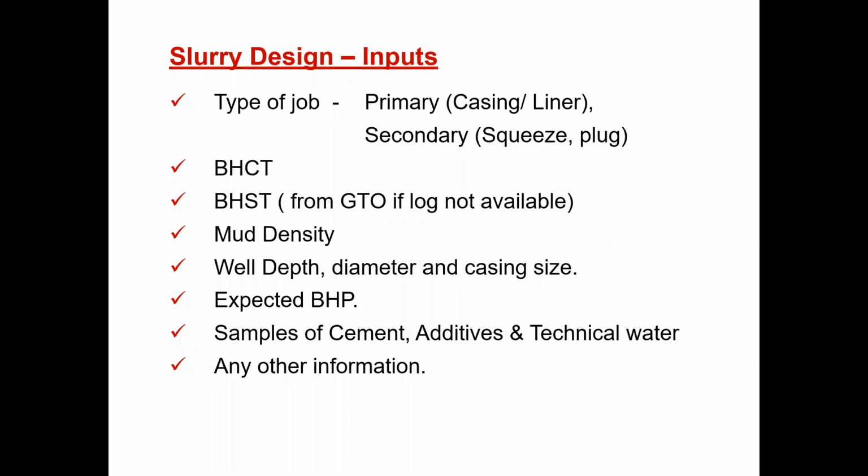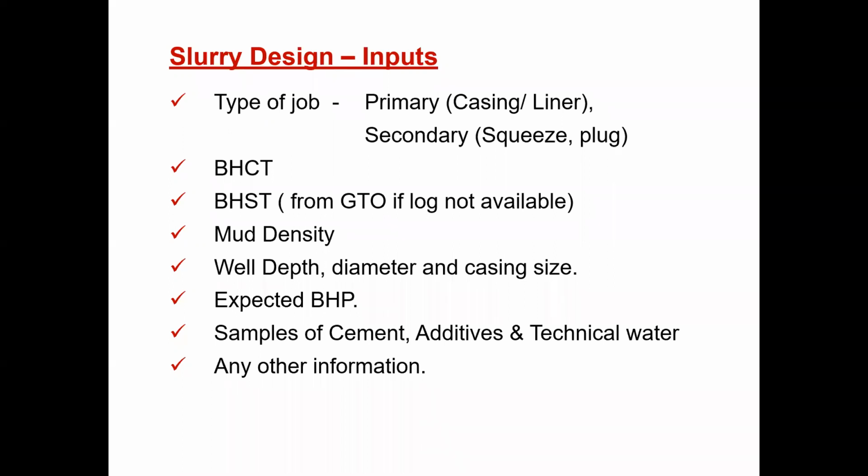We should know BHST first, and then we can simulate BHCT by knowing the temperature gradient. Nowadays, we are using different programs like Halliburton Landmark software. We put in a lot of data: mud details, casing details, circulation data, temperature and properties of the mud.